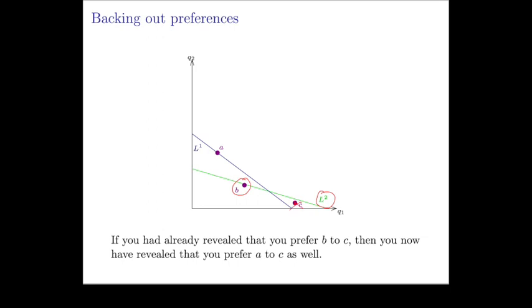They did not choose C, they chose B. What this reveals to us is that the consumer thinks B is better than C. Now this consumer has revealed to us that they find A better than B, and they find B better than C. So then they've actually revealed to us that A beats C as well. So we can actually use this sort of a transitivity of preferences to back out what their preferences might be.